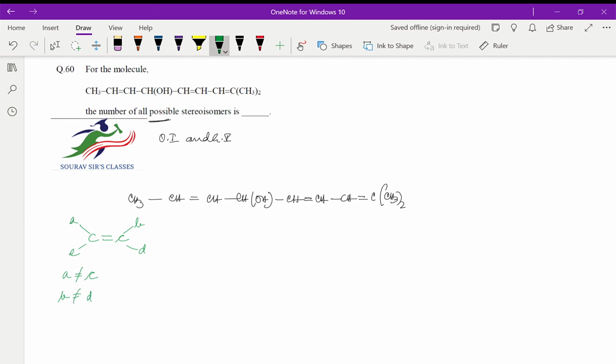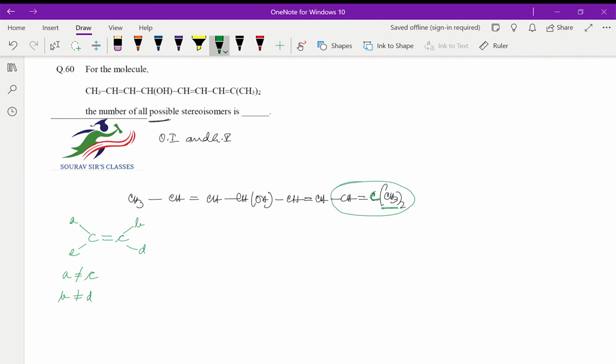For this particular carbon there are two CH3 groups, so this double bond is not going to show GI.